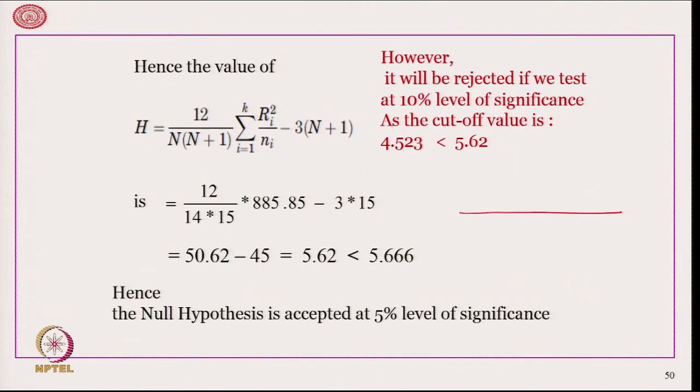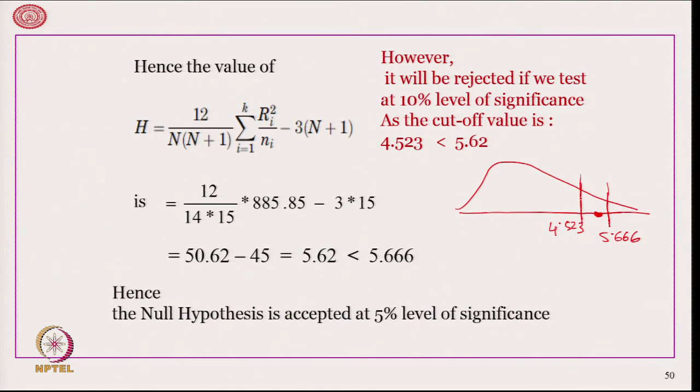So, basically, if we get a chi-square type of distribution, at 5% level we have 5.666, at 10% level the cutoff is 4.523 and our observed value is somewhere here. Therefore, we cannot reject the null hypothesis at 5% level of significance, but we can reject the null hypothesis at 10% level of significance.